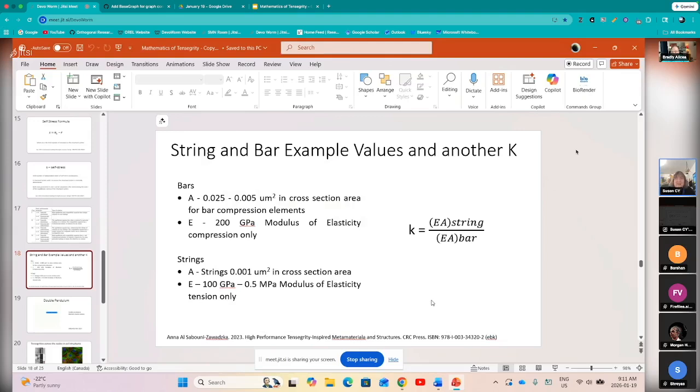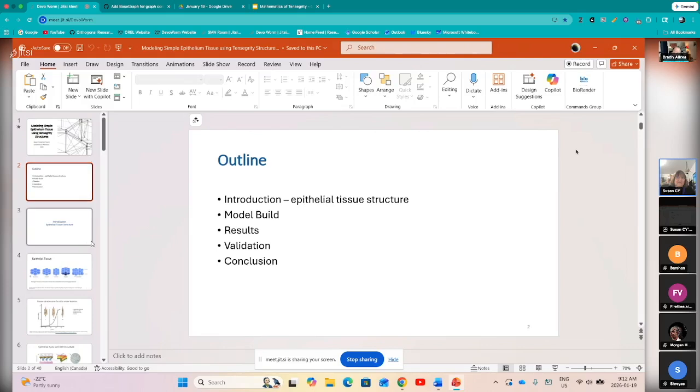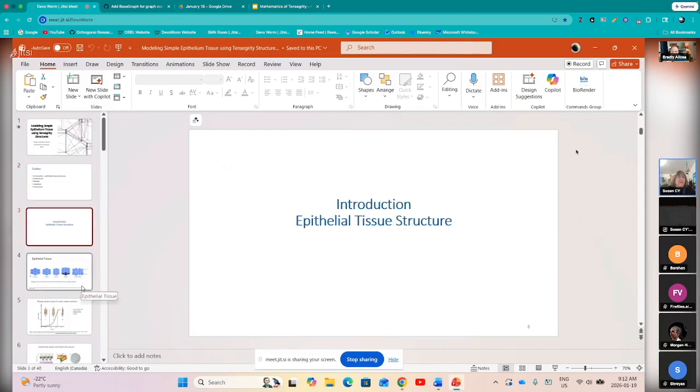If you want to see my thesis presentation, I can show you how I matched things to skin and the layer of cells. You want to see that? Yeah, that'd be good. Anyway, so this is my thesis, and I started off with my introduction.